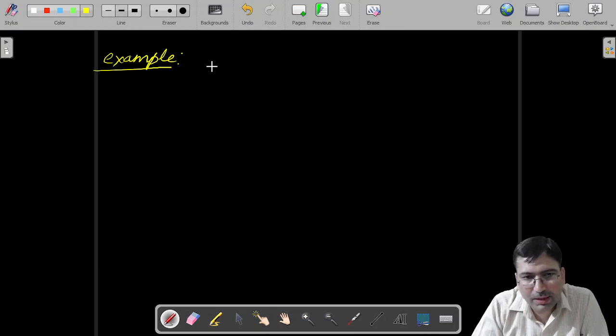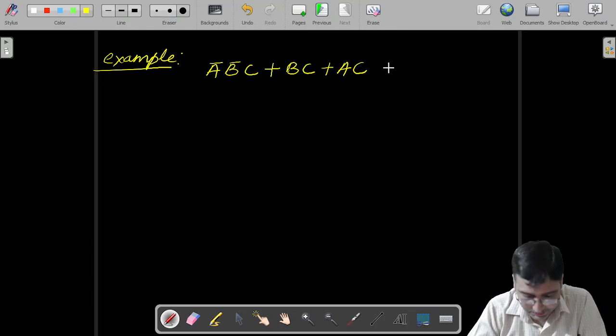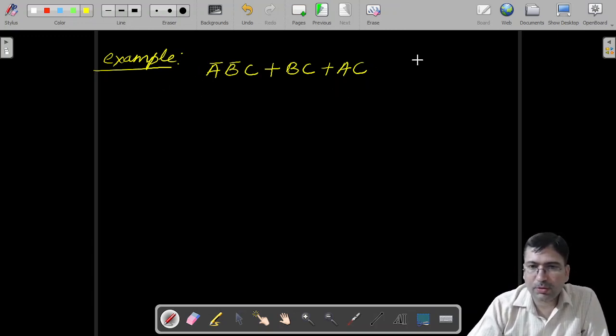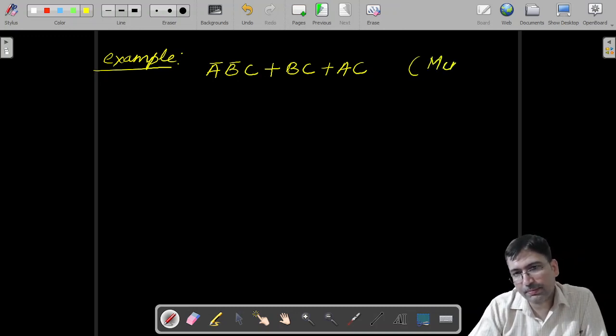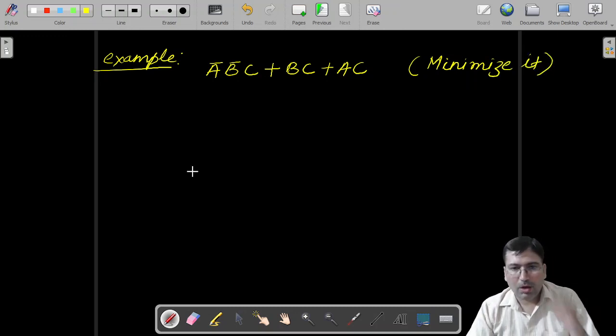Let's say we are having A bar B bar C, or BC, or AC, right? The question is to minimize it. Now how can we minimize it?